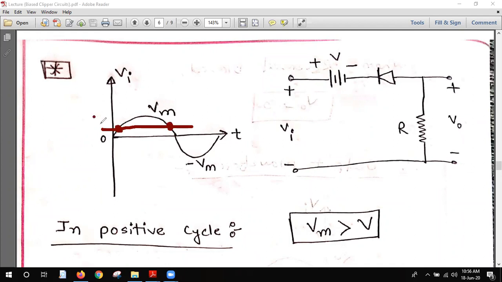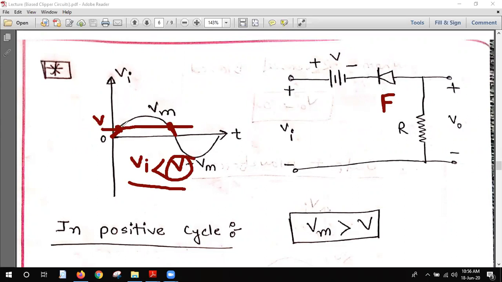This is the V. In this portion, VI, the input voltage, is less than V, if you check. And also in this portion, the input voltage is less than V. So in this portion, V is greater, so the diode will be forward biased.